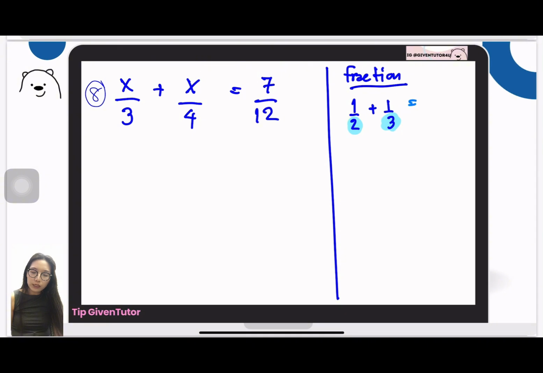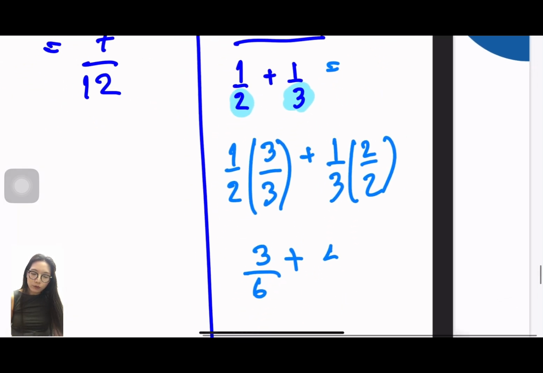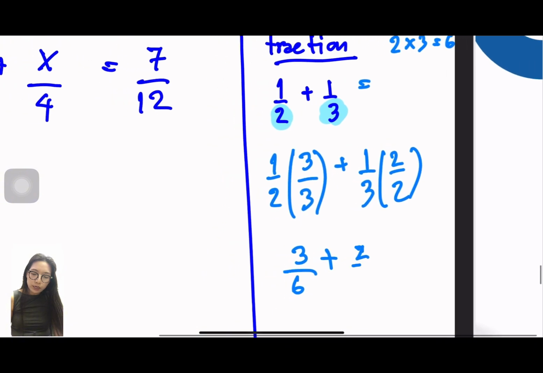So we will change, okay, 1 over 2 here, because we got the LCM, right? 2 times 3 is 6. So this will be time 3 with 3 in here. This one will be 1 over 3, and then 2 and 2 right here. This is 3 over 6, and then plus 2 over 6, right? So it will be 5 over 6.